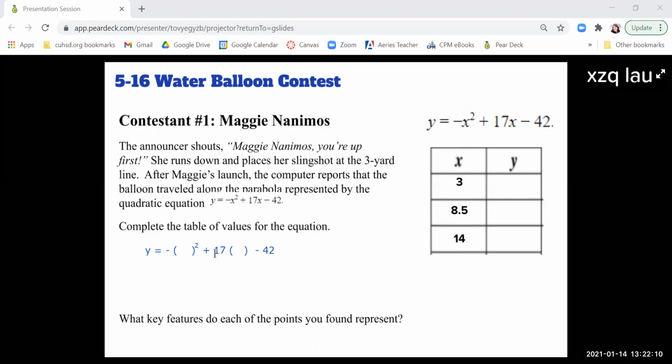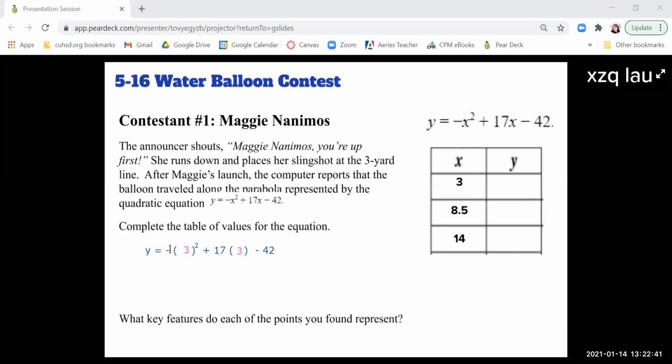So say we input a 3 for x from the table. They're already giving us our inputs. We're going to put a 3 here, and a 3 here, and then work out what our y value is. This can be done all in one step in the calculator, but I want to encourage you to please use parentheses and be as consistent with mine as you can.